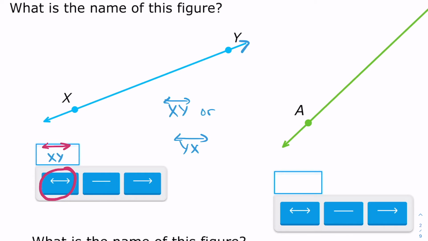So we could call this XY or YX. So for a line, the order does not matter.